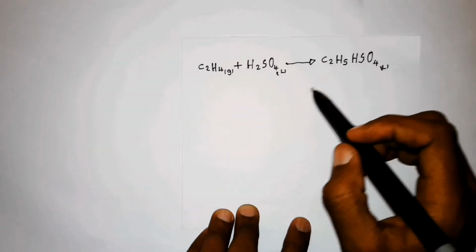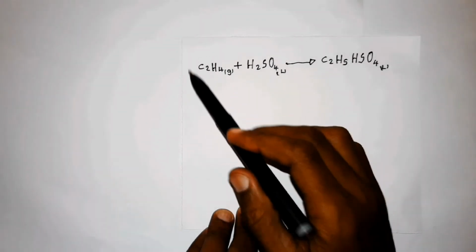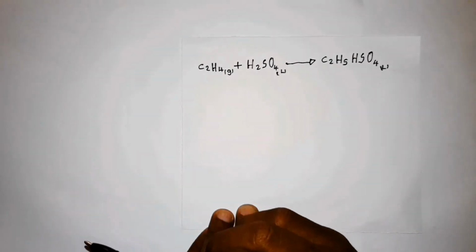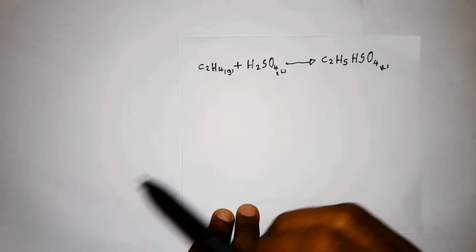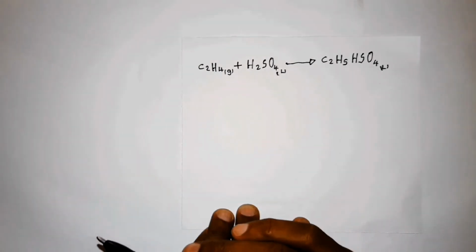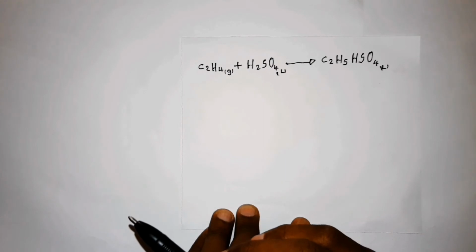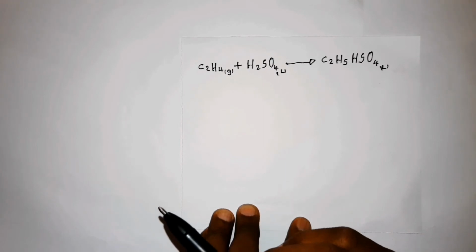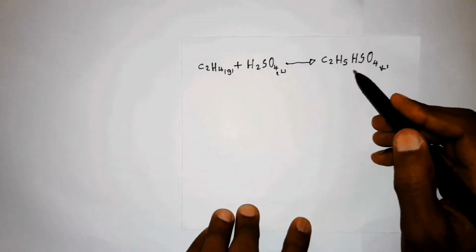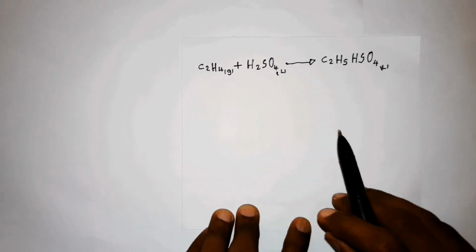Now, how does this reaction occur? Ethene first is compressed at a pressure of 30 atmospheres, and then it's absorbed in concentrated sulfuric acid at a temperature of 80 degrees Celsius, forming ethyl hydrogen sulfate.